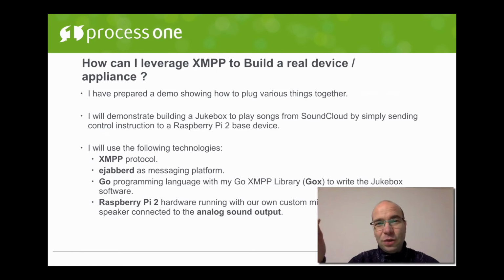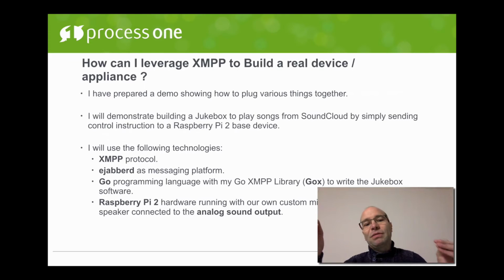So I have used the following technologies to build that platform. I have used the XMPP protocol, so the Raspberry Pi will be a client of an XMPP server. That Raspberry Pi will be connected to ejabberd as a messaging platform.